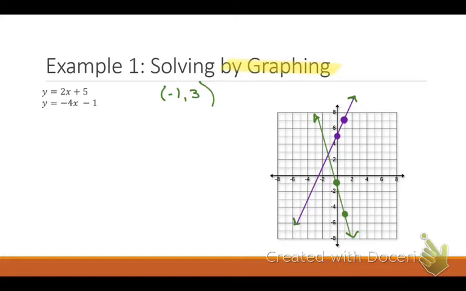I'll show you. -1, let's plug in for x. 3, let's plug in for y. And let's see if it makes it a true statement. So 3 equals 2 times -1 plus 5. What's 2 times -1? -2. What's -2 plus 5?